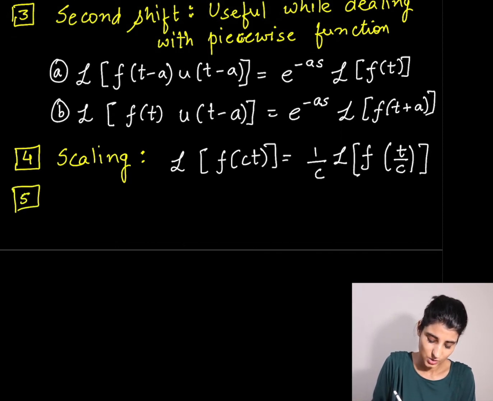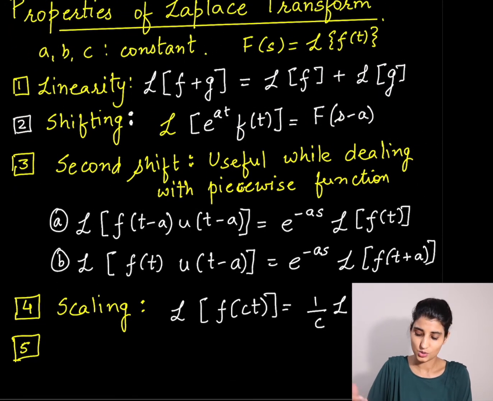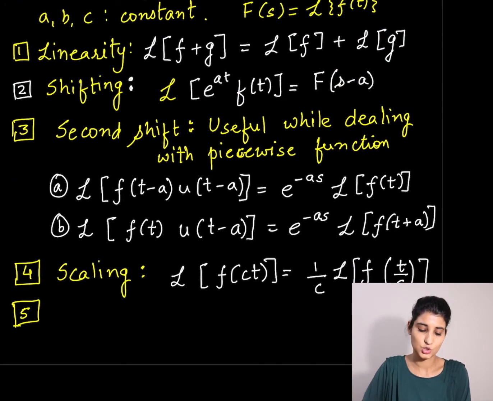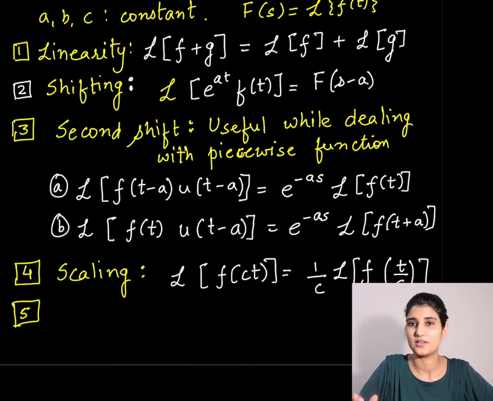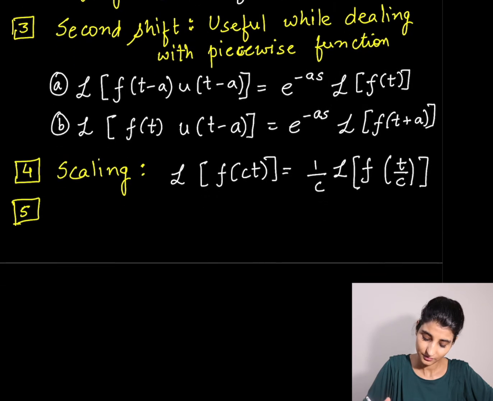Next property is, so here I'm going to list down all the properties, so you have all the properties together at the same place, and whenever we need, we can go back and refer to them. So these properties and the table are going to be very, very useful. You should always keep them with you whenever you are solving problems on Laplace transform.